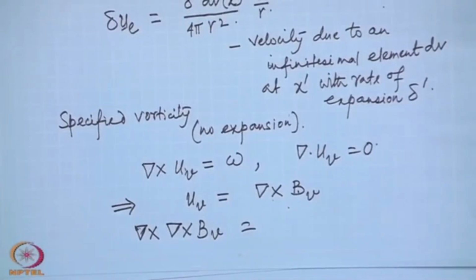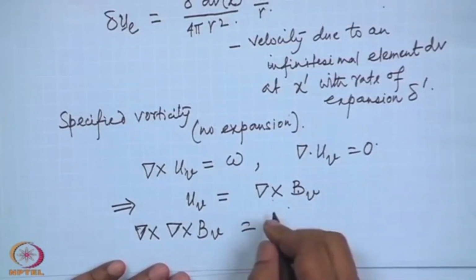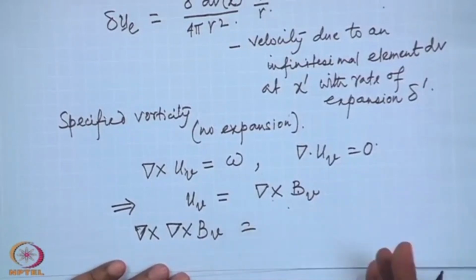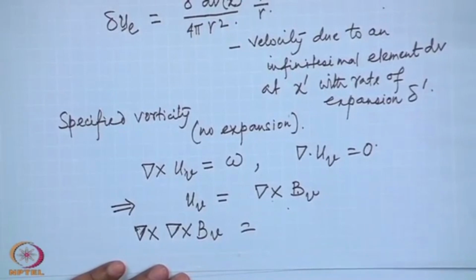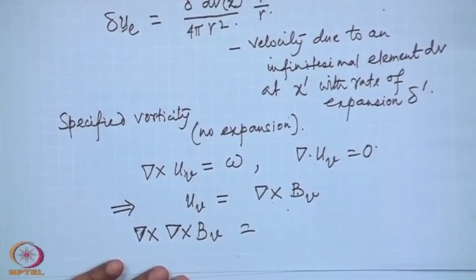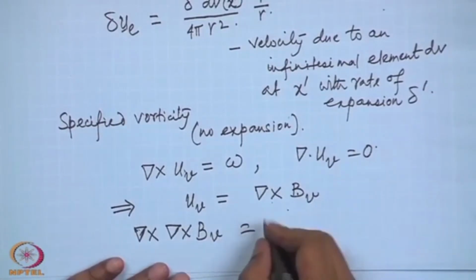You know what is curl of curl? This is again a vector identity: gradient divergence minus divergence gradient.